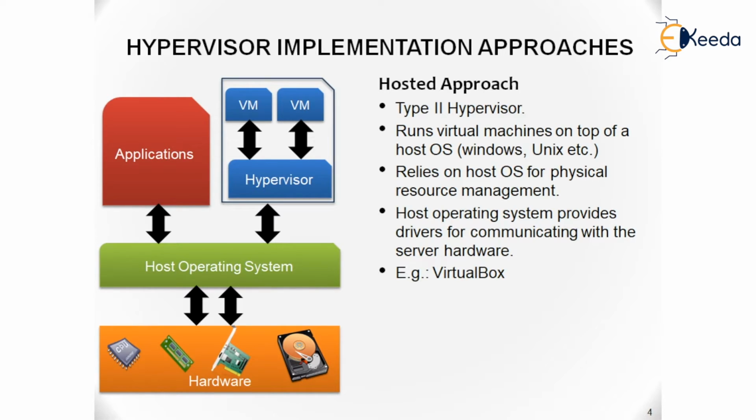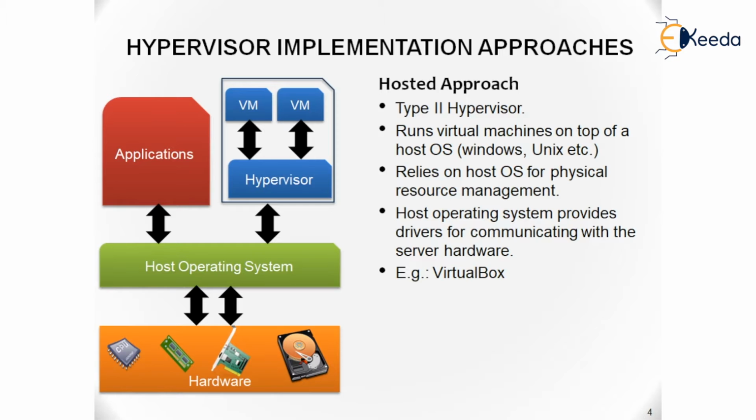In this hosted approach, the type 2 hypervisor runs within a formal operating system environment. In this type, the hypervisor runs as a distinct second layer, while the guest operating system runs as a third layer above the hardware. This is known as a hosted hypervisor.